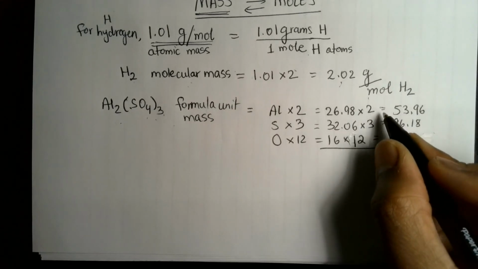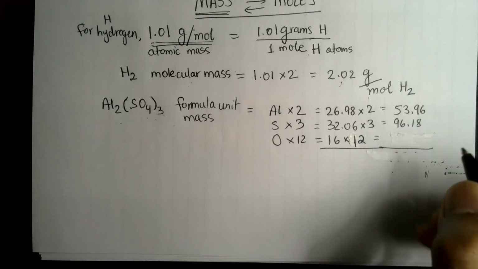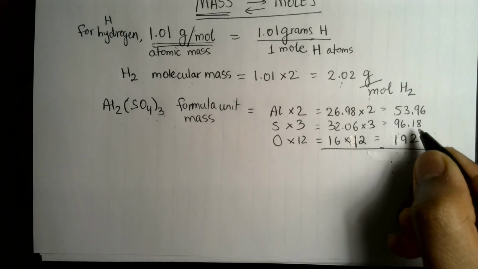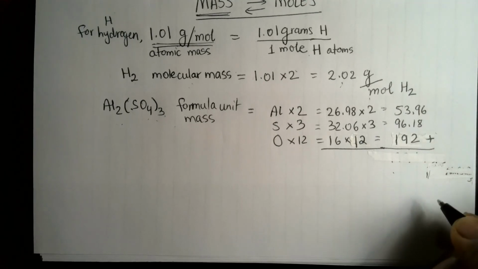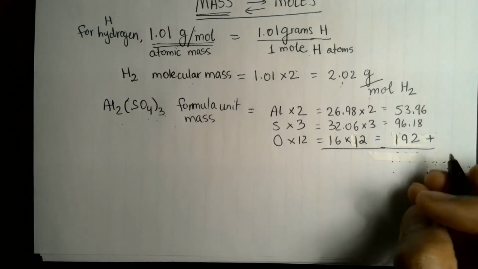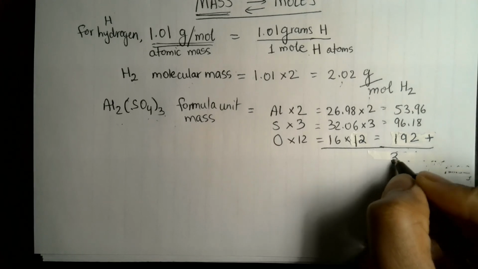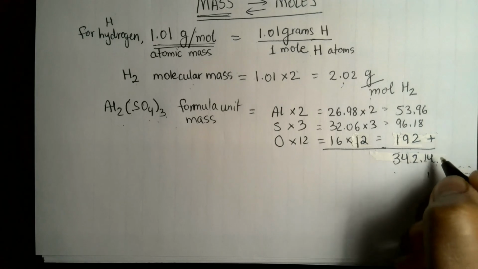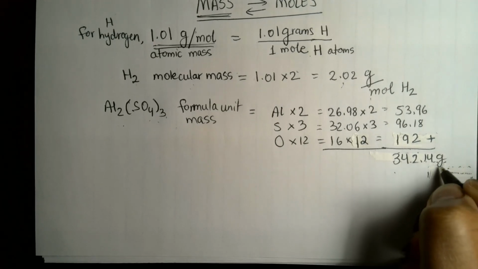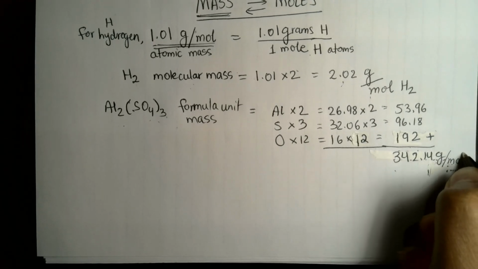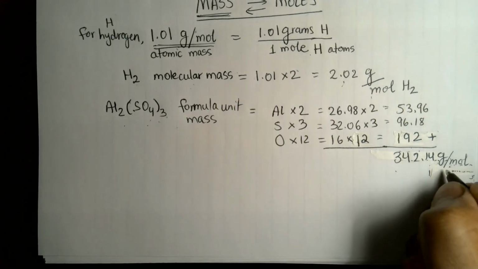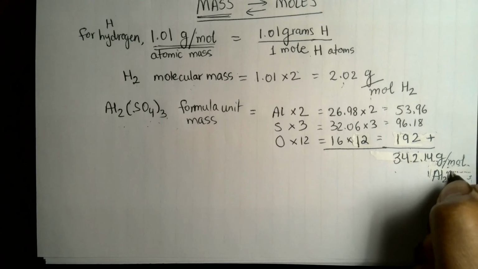You multiply the numbers, and then you add up those numbers to get your answer: 342.14. The units for this answer will be grams per mole of whatever species you're looking at, Al2(SO4)3.